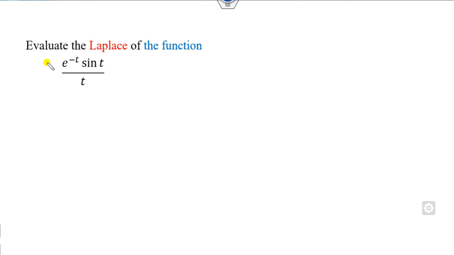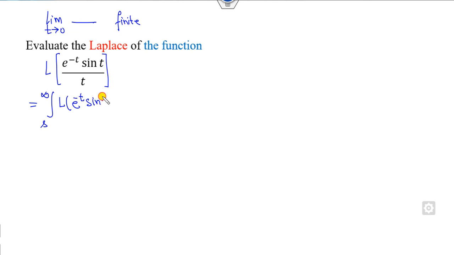Okay, look at this another one. Again your target is to find this number. You can easily check whether this limit is finite or not. So clearly it's a finite number. Fine. So Laplace of this value. How can you find the Laplace of this? Again I can start from the Laplace of sine t. It is 1 over s square plus 1. Fine. This is from s to infinity.